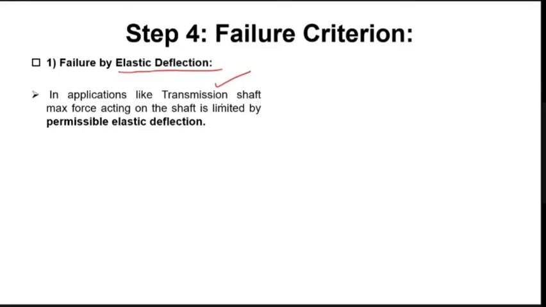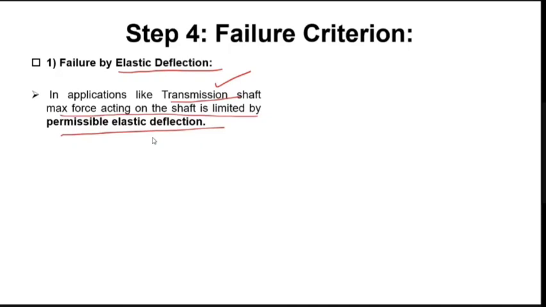Take the transmission shaft. In a transmission shaft, the maximum force acting on the shaft is limited by the permissible elastic deflection. What is the maximum force that the transmission shaft will take? Transmission shaft means, let us say, a gearbox shaft. Obviously, we have a gearbox. Inside the gearbox is an assembly of gears and shafts: the transmission shaft, the lay shaft, the counter shaft, and the neutral shaft.